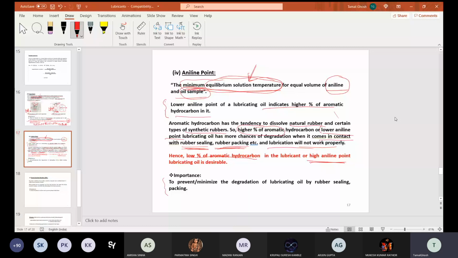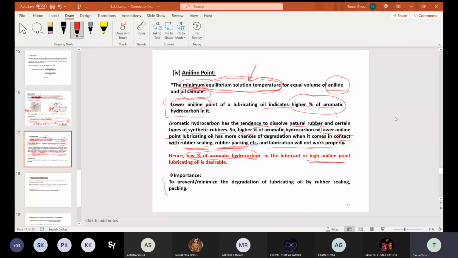On the other hand, a low percentage of aromatic hydrocarbon, written in red font, gives a high aniline point. That means you need a relatively high temperature to dissolve the aniline and your oil sample, to bring them into the single phase.